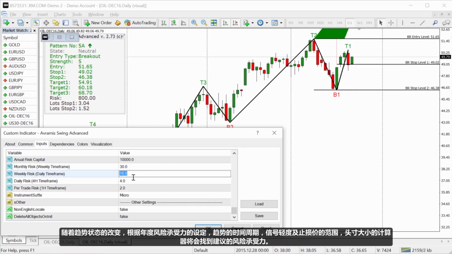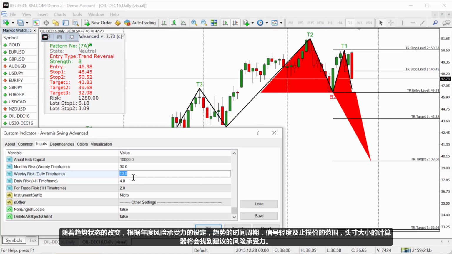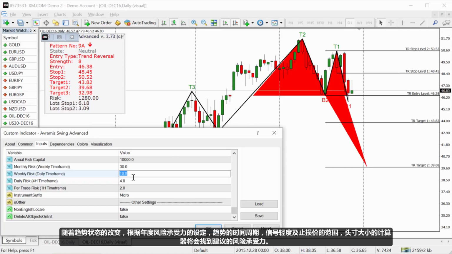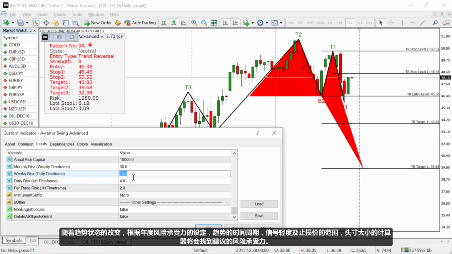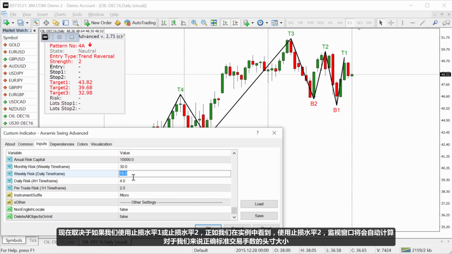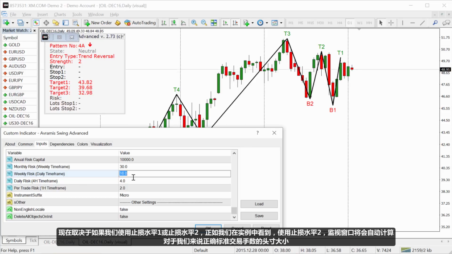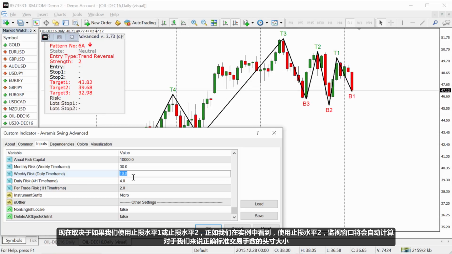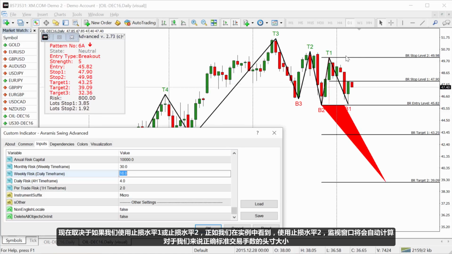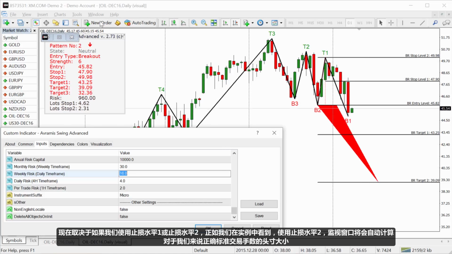Now, as those trading scenarios change, depending on the annual risk we have set, the time frame the trade is on, the strength of the signal, and the size of the stop loss, the position calculator will find the recommended risk. Depending then if we are using stop loss 1 or stop loss level 2, as we saw in our examples, using stop loss level 2, the monitor panel will automatically calculate for us the correct position size to take in standard lots.